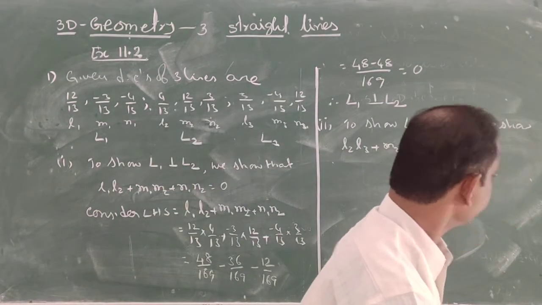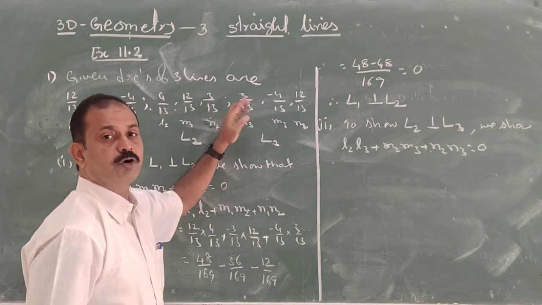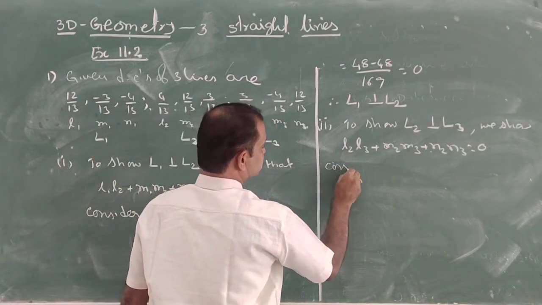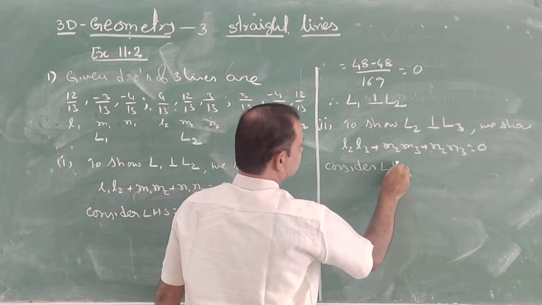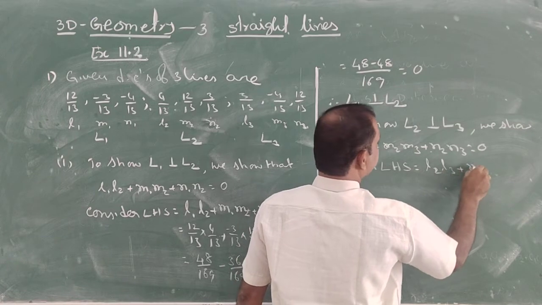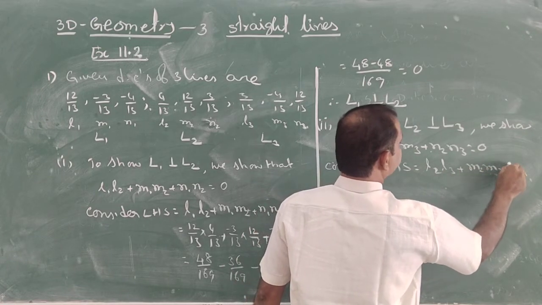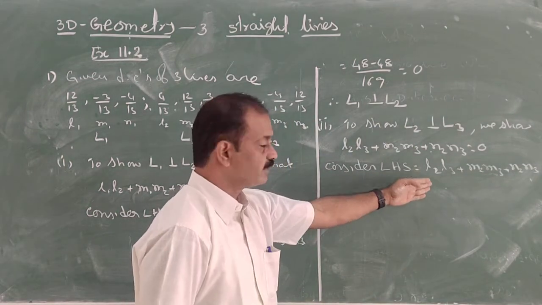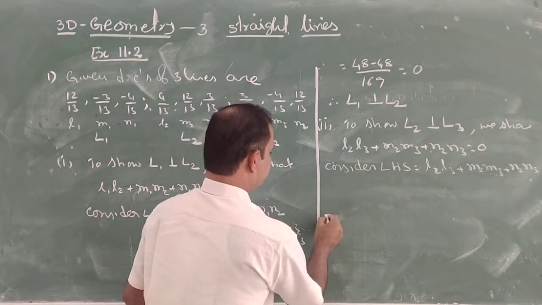We are showing that the sum of the products of direction cosines is equal to 0. Consider the LHS, that is l2 l3 plus m2 m3 plus n2 n3. Substitute the values and find out.